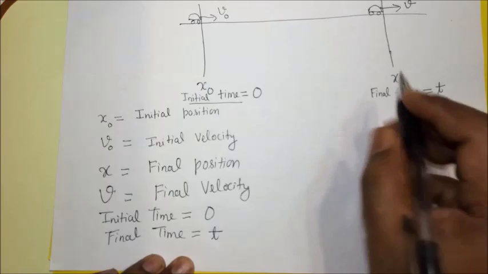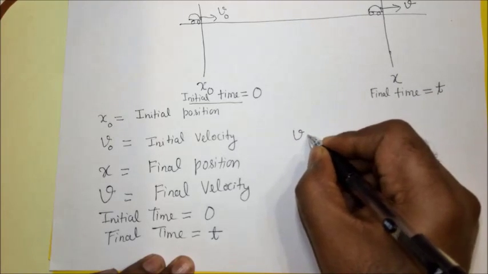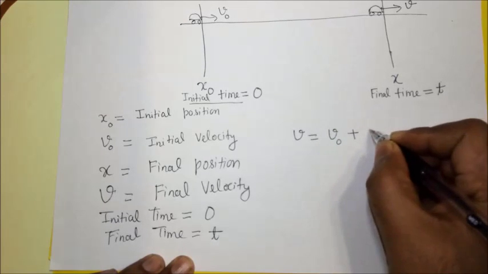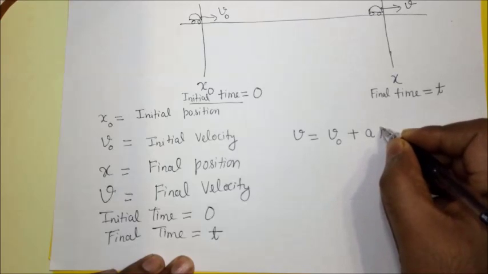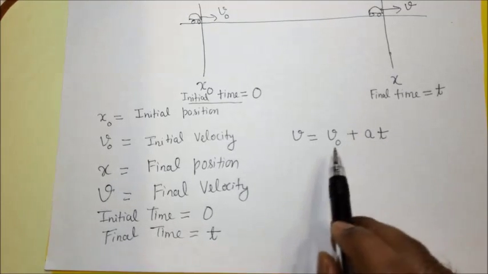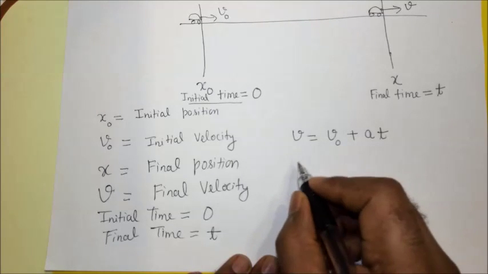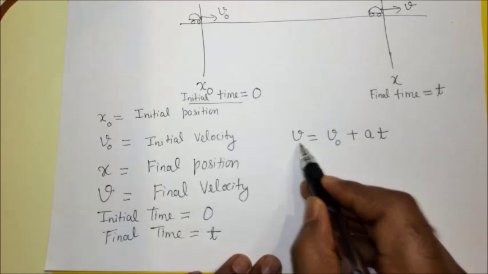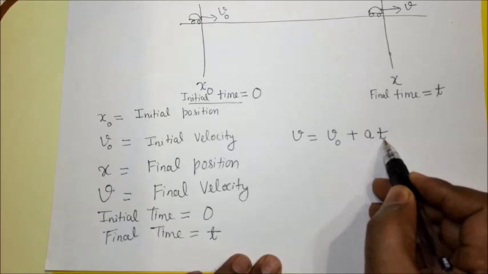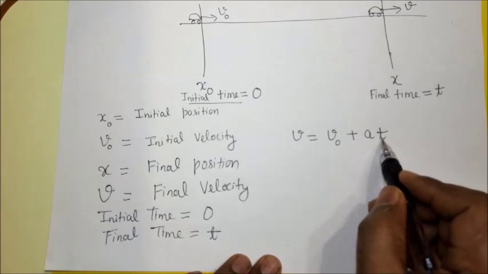These three equations are: final velocity is equal to initial velocity plus a times t, where t is the time.